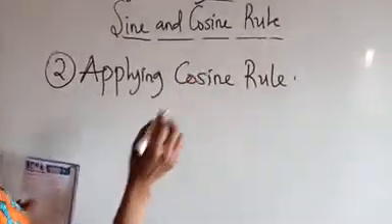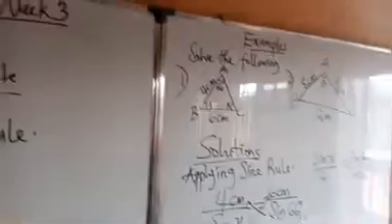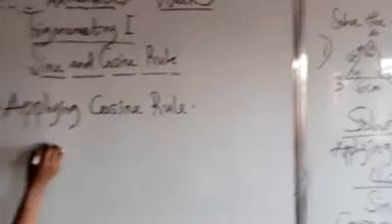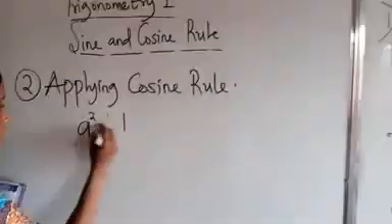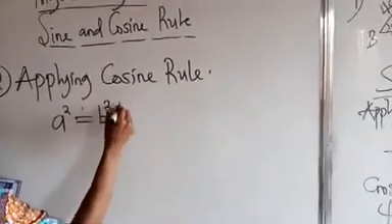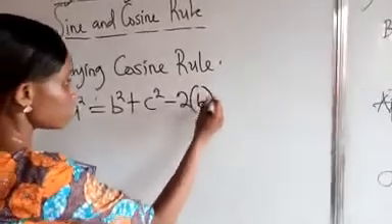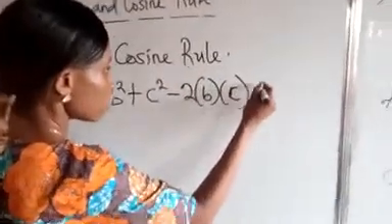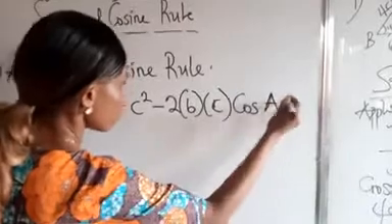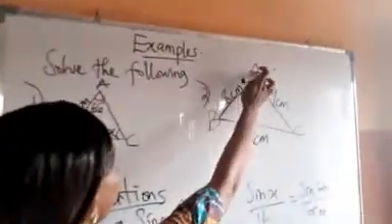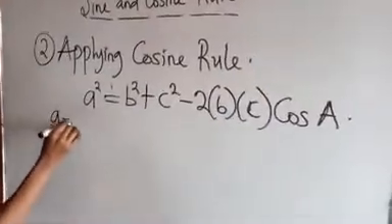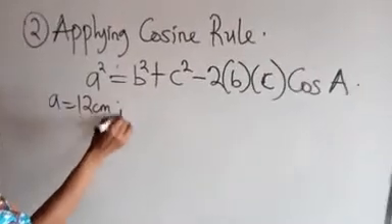The cosine rule states that a, which is opposite the angle we are looking for, a squared is equal to b squared plus c squared minus 2 times b times c cos A. a from the diagram is opposite the capital letter A. So I have a is equal to 12 cm.